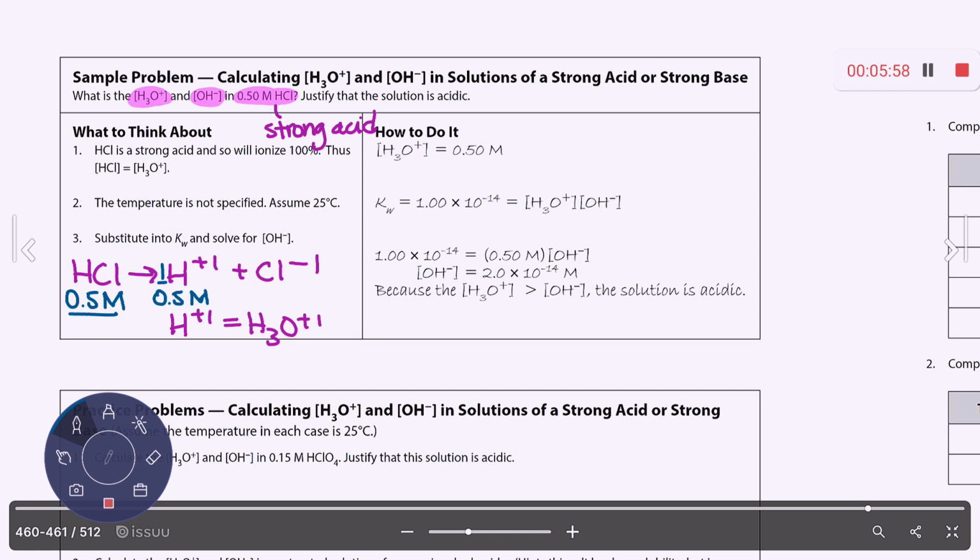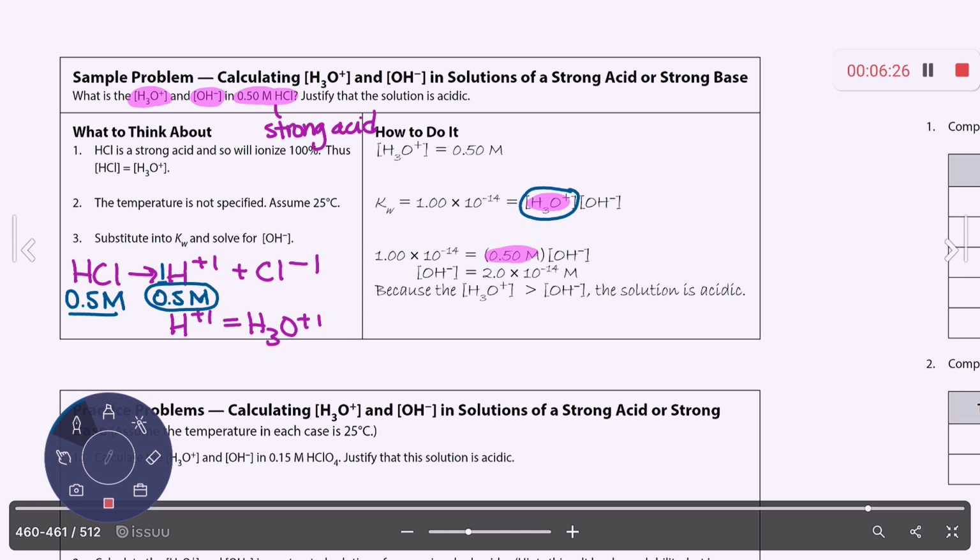So doesn't that mean that my hydronium ion concentration is also 0.5? Okay, so if that's the case, then couldn't I put 0.5 in place of hydronium in that equation? And I could solve for the hydroxide ion concentration that I need. Okay, so that's what they did. They put 0.5 here for hydronium, and then they just divided both sides by 0.5.